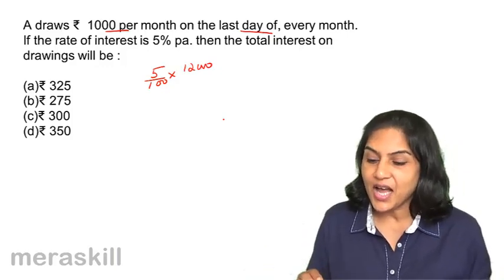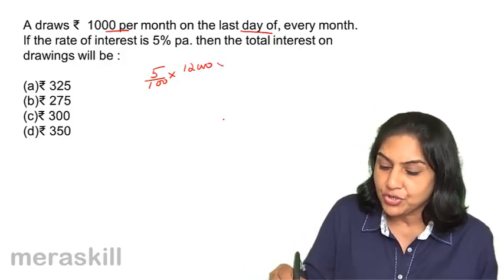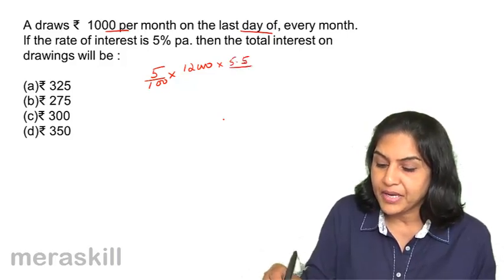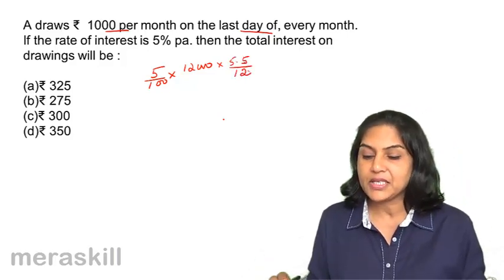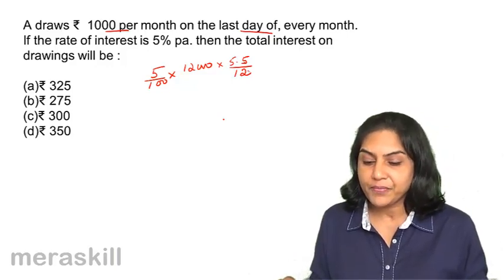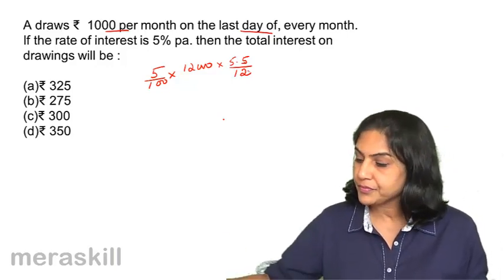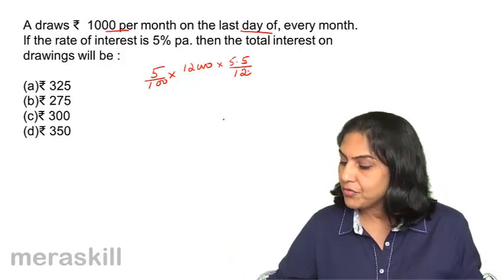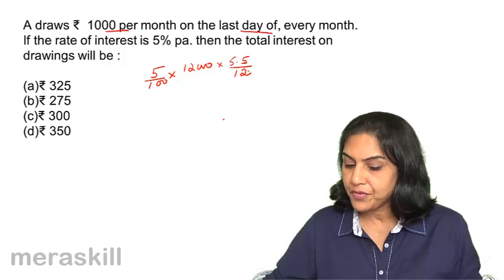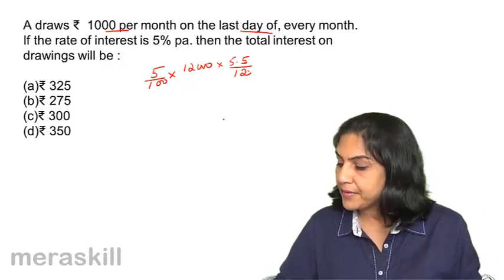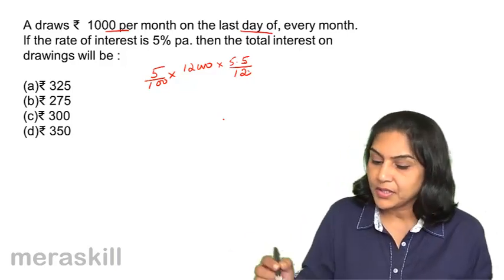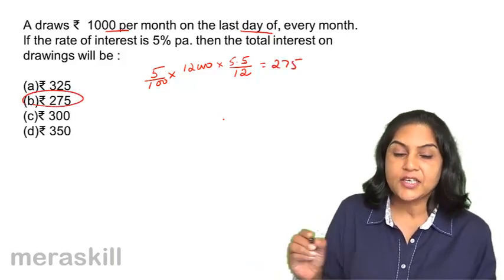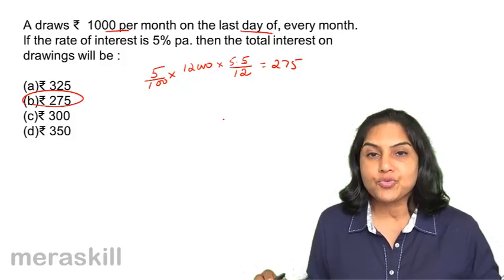Since he takes it at the last day of each month, it should be into 5.5 months, no? 5.5 by 12. So what do we get now? This would come to 5.5 into 5. Amount should be 275. The correct answer should be option B, 275.